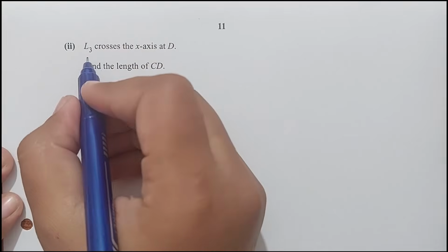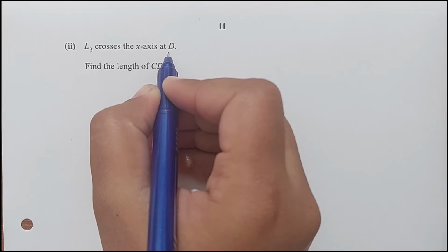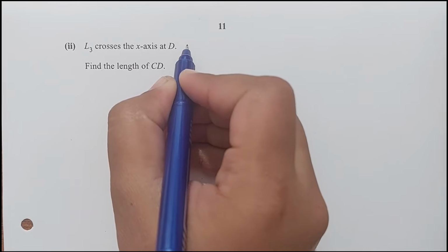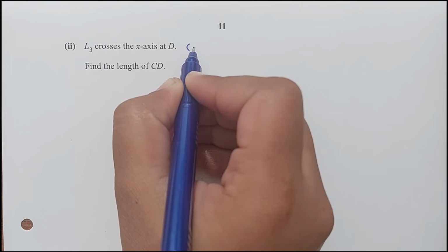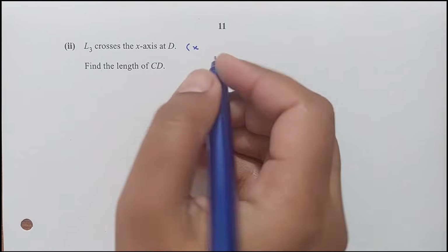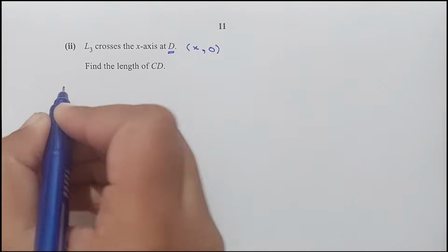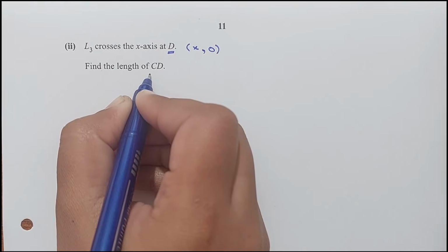Now for the second part, L3 crosses the x-axis at D. So it crosses the x-axis, it means the y coordinate is 0, and it has some x component. This is the point D. Now find the length of CD.